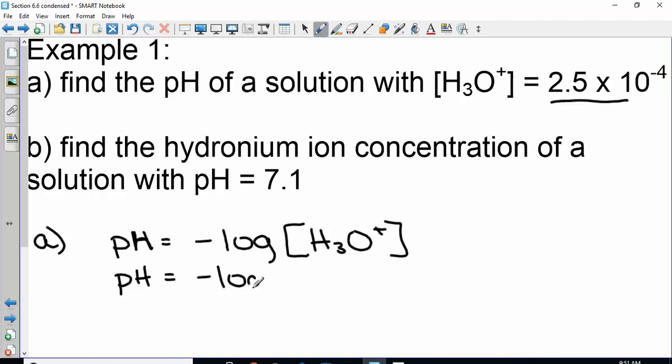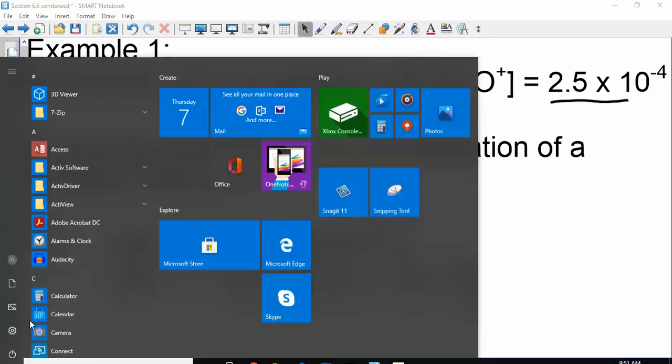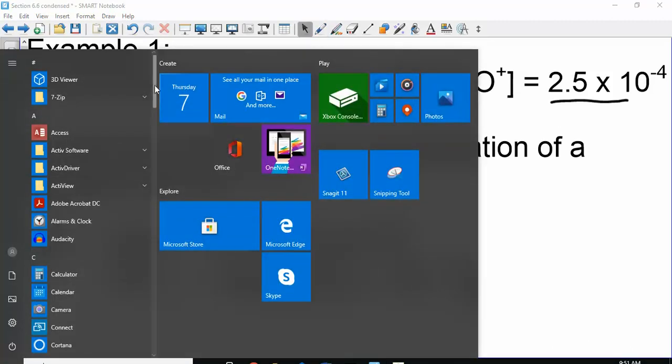So we just do a negative log, and H3O+ is equal to 2.5 times 10 to the negative 4. So then we're just going to put that in our calculator.